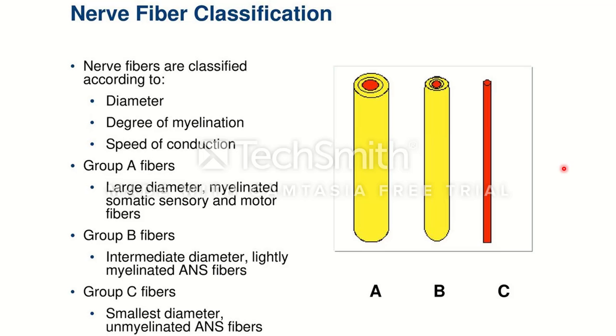We can also have sensory and motor neurons of these types. So it is not just the preganglionic neurons in this type, but we also have motor and sensory neurons in this category. And type C neurons are the neurons that don't have a myelin sheath around the axon.